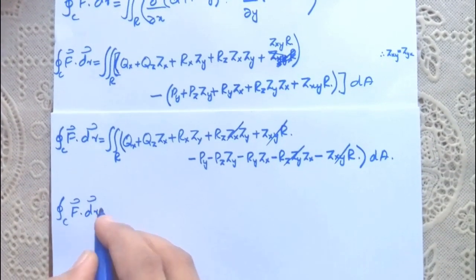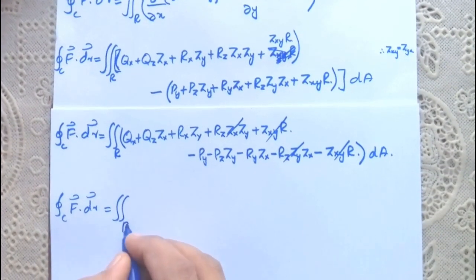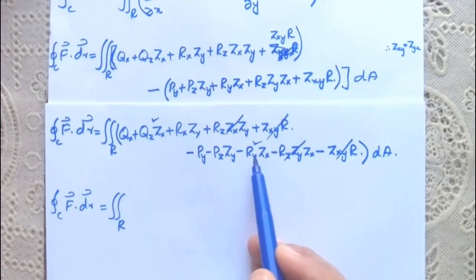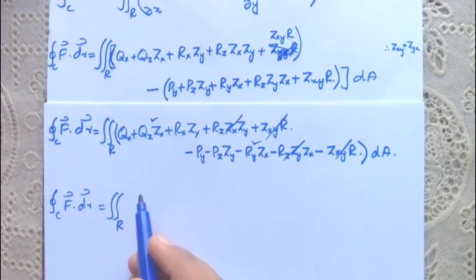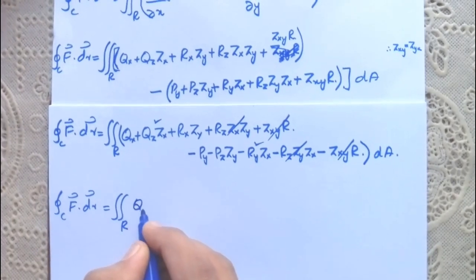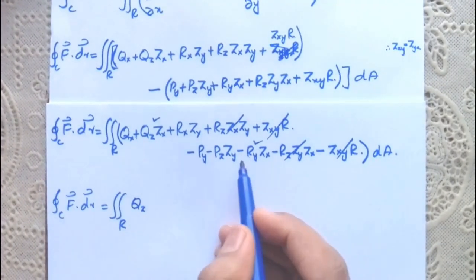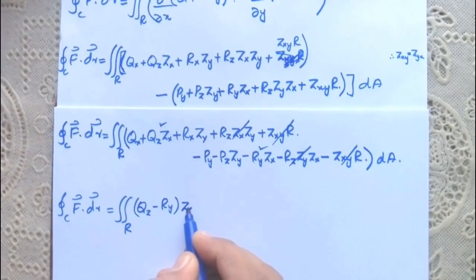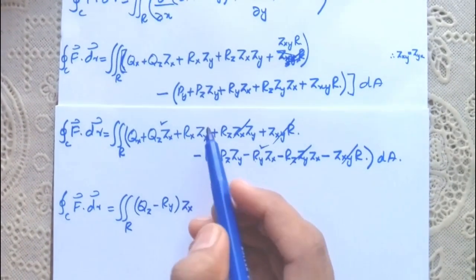line integral over the closed curve C of a vector field f dot dr is equal to double integral over the region R. Now take out zx as common from these two terms, so it becomes qz minus ry times zx, right?